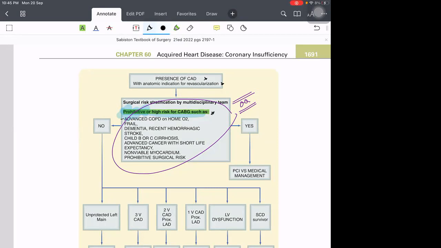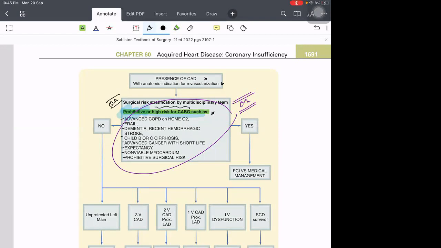One is advanced COPD with home oxygen, frailty, dementia, recent hemorrhagic stroke, Child B or C cirrhosis, advanced cancer with short life expectancy, non-viable myocardium, and prohibitive surgical risk.